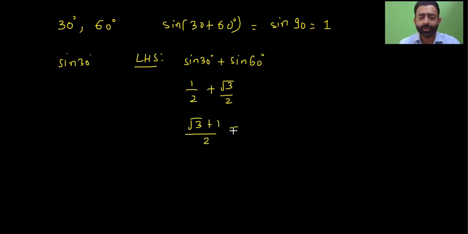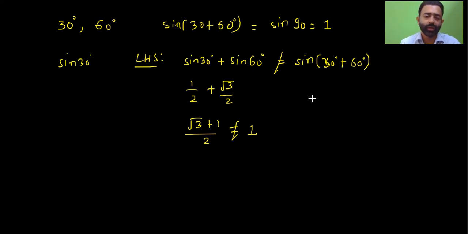Of course this is not equal to 1 because sine of 30 plus 60 is in fact sine 90, and sine 90 is 1. That means this LHS is not equal to sine of 30 plus 60. That means we cannot multiply this sine with 30 plus sine with 60. So this is not multiplication basically.